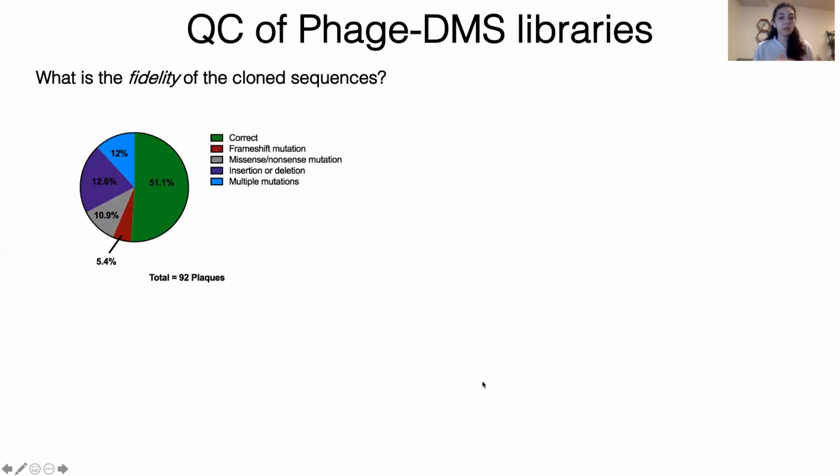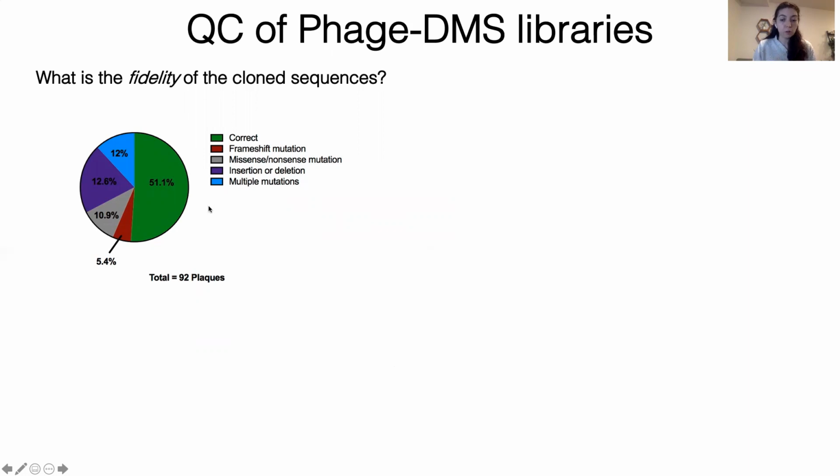This gives us an idea of the percent of sequences which are intact and correct versus those that have indels or other kinds of mutations. This is because DNA synthesis is an inherently error-prone process, and we find that about 50% of our sequences end up being correct. This is about on par with other phage libraries that are built from oligo pools.